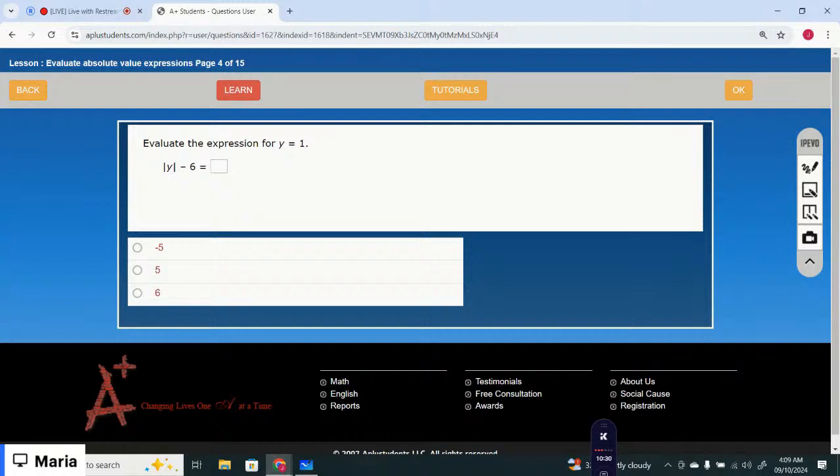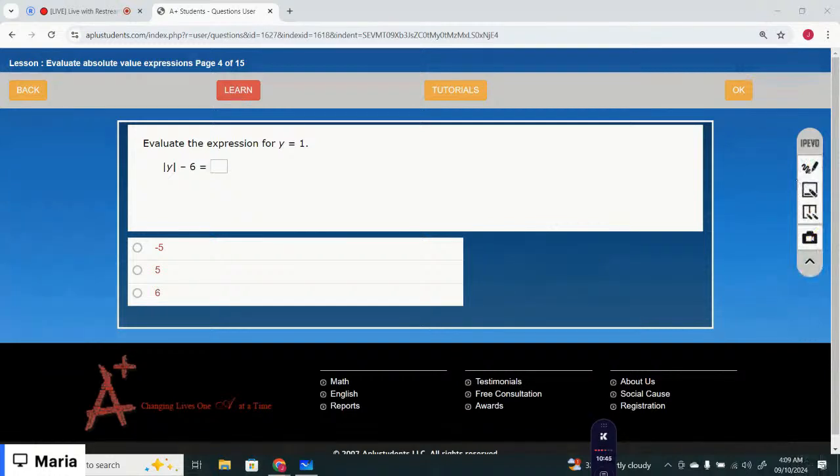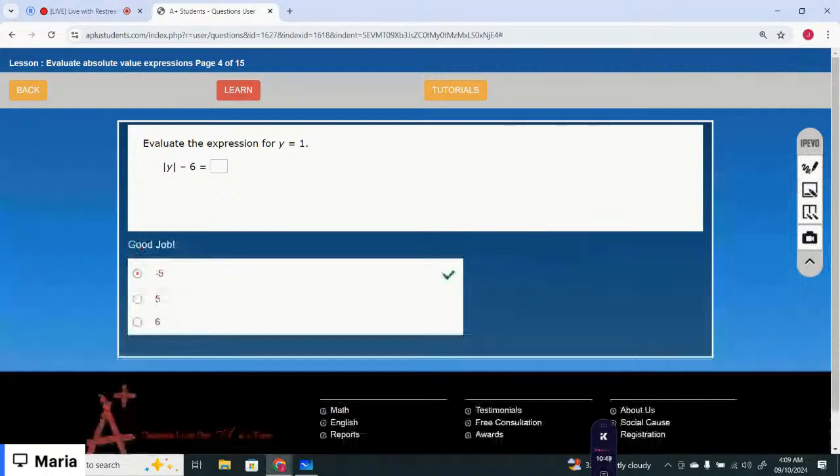That is, replace the y with the value that is 1. So the absolute value of 1 is 1. Then you have to do 1 minus 6. So 1 minus 6 is negative 5, right? So the correct option is option number 1. That is negative 5. Option number 1 is the correct option.